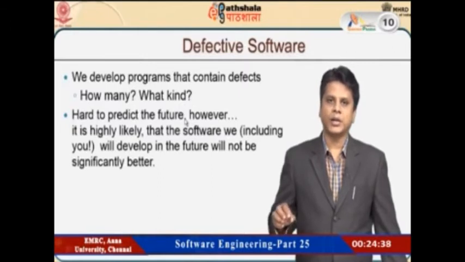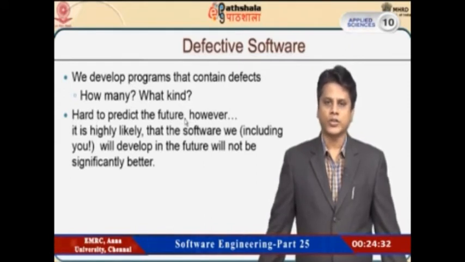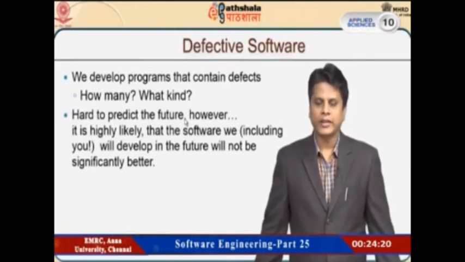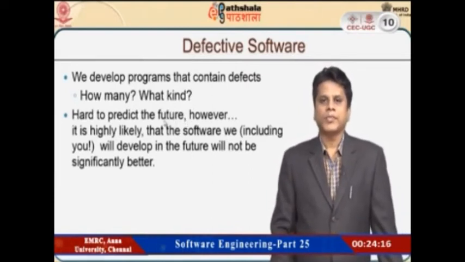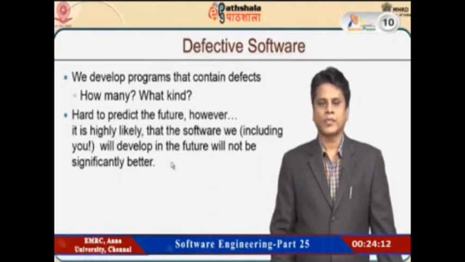Having assigned a person with the role of software test engineer or software tester, the responsibility of the tester is to identify how many bugs are really with the software, or how defective the software is, or what kind of defects are associated with the software. But it has really been hard to predict the future.